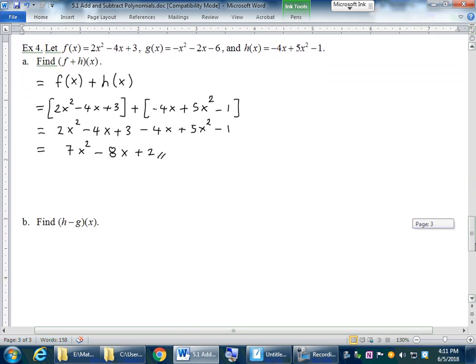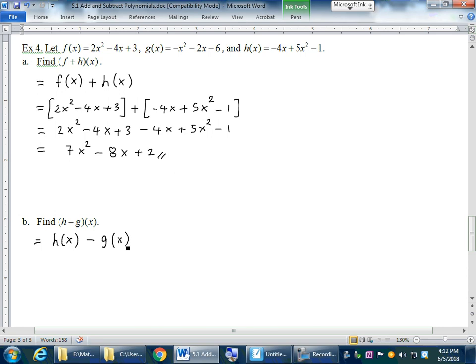The next example asks you to find h minus g of x. So that basically means h function evaluating at x subtracting g function evaluating at x. So far, both of these examples are in general format because our input is what?